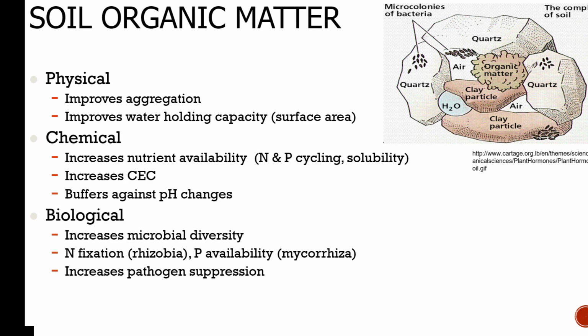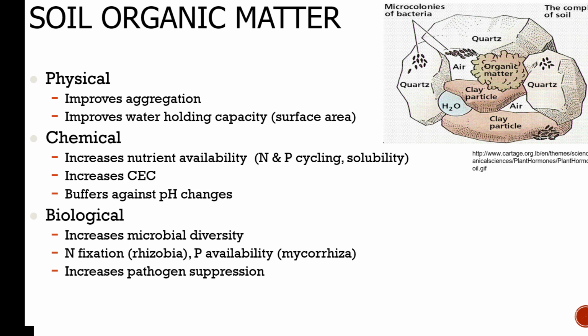Okay, so soil organic matter can improve aggregation. It can improve water holding capacity and surface area. It can also increase nutrient availability. This is included in our nitrogen and phosphorus cycling and solubility. It increases cation exchange capacity, which is what we discussed on the first day.